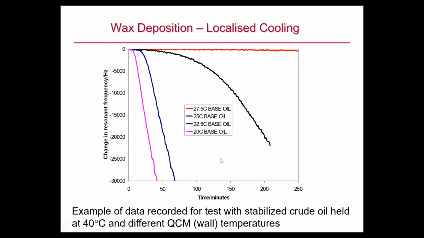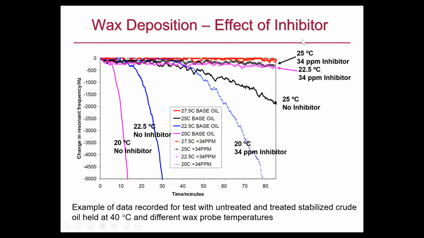You see that the temperature of this oil is at 20 degrees. So if you have wall temperature 20 degrees, with that 20 degrees difference, there is maximum wax deposition. If you reduce it, then there is more and more reduction in wax deposition.